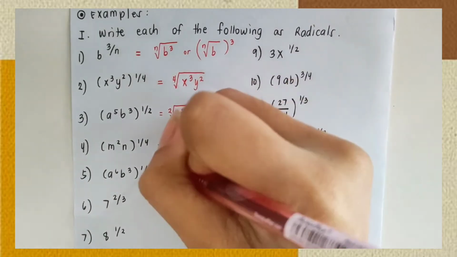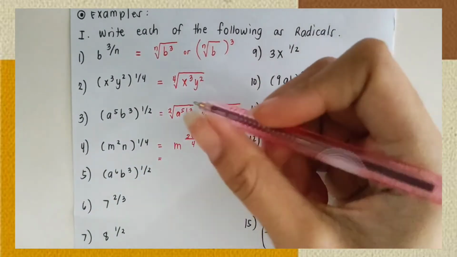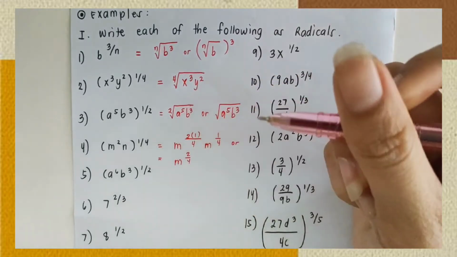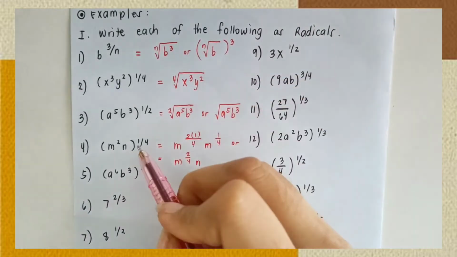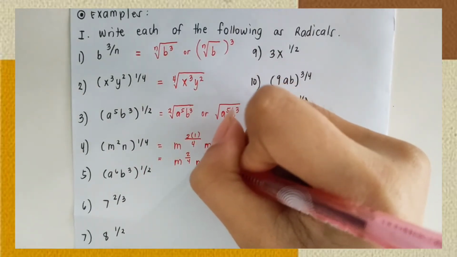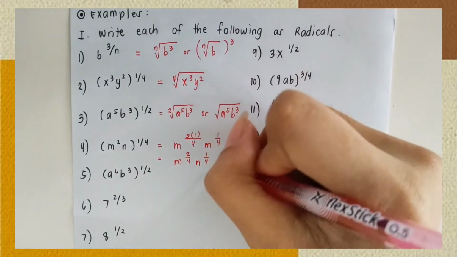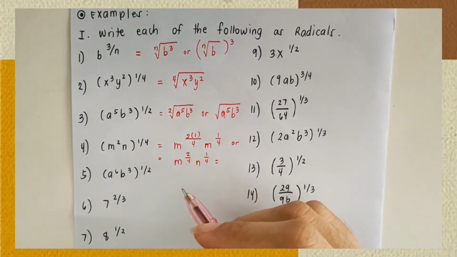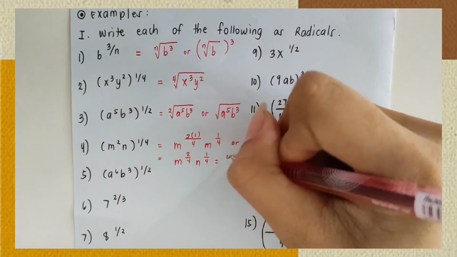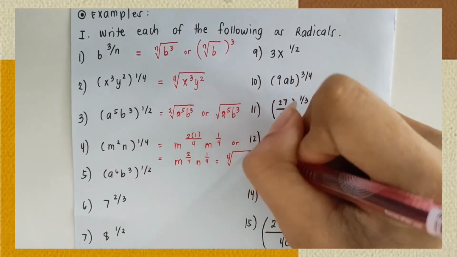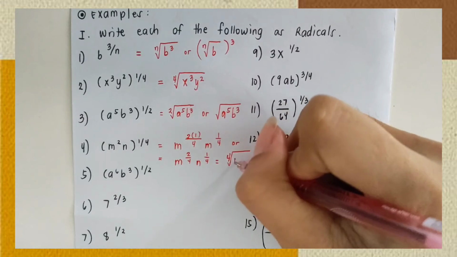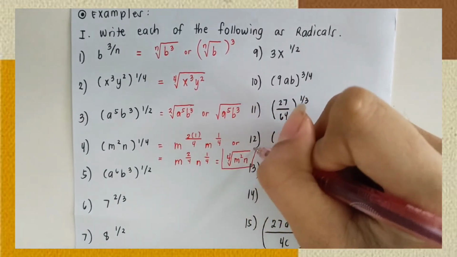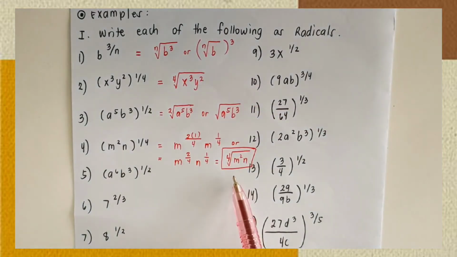Or you can just write it like m raised to 2 over 4, and then n times 1/4, that is 1 over 4. We have here now the exponent with same base, that will be our index. So the answer is 4th root of m squared, and then n raised to 1, or just n. So this is our answer for number 4.